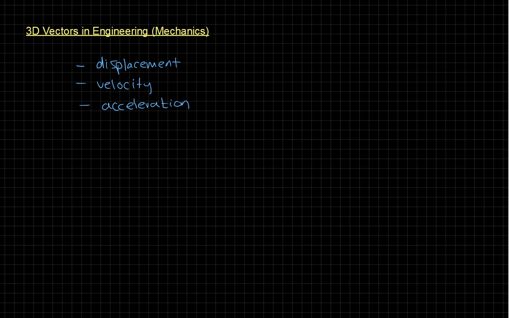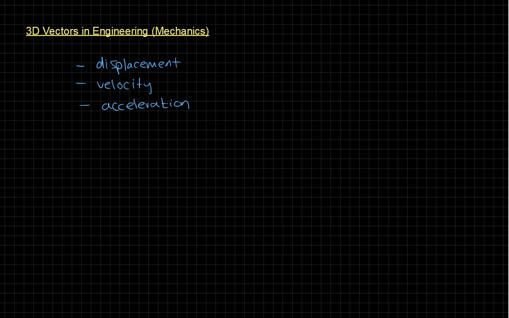Displacement's a funny one that sometimes gets missed out. It is a vector, right? Because if I say, I started here and now I'm over there, I've in some sense given you a distance. Well, I haven't explicitly given it to you, but you could work it out. But there's also a direction, because to get from point A to point B, from here to there, if you go in a straight line, you have to walk in a specific direction, and likewise in 3D space.